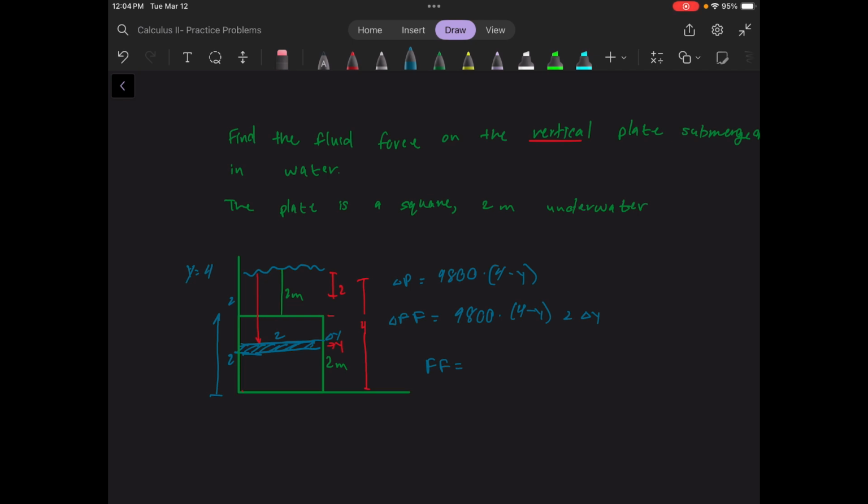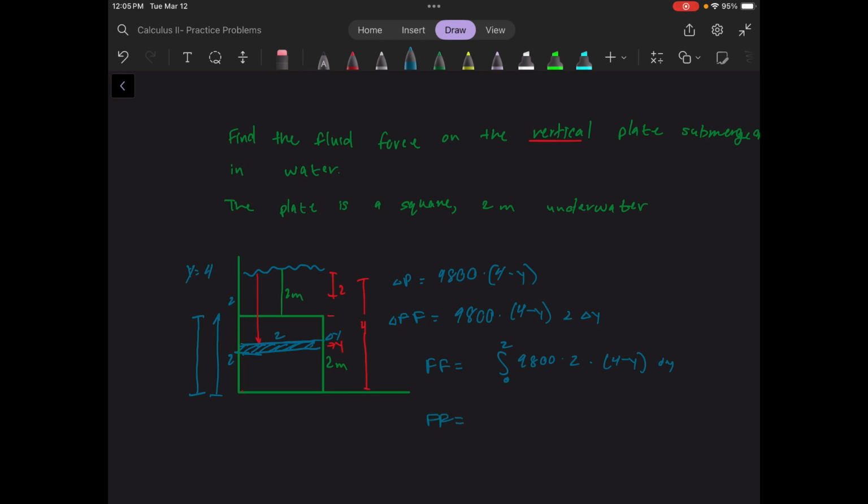The fluid force is the integral of 9,800 times 2 times (4 minus y) dy, where the delta y turns to a dy. And where are we integrating from and to? Well, the slices start at the bottom and move to the top of this square tank. So we're integrating from 0 to 2.